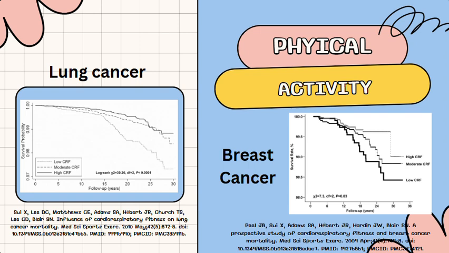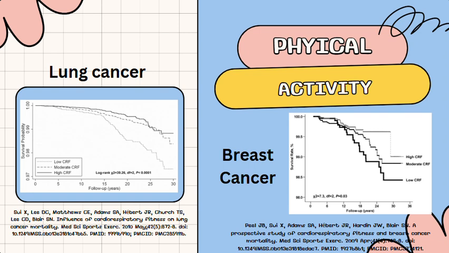On the right, we're basically looking at the same thing, but this is in breast cancer cases. So the light colored or the gray line is high cardiorespiratory fitness. The in-between line, or the medium colored line, is the moderate cardiorespiratory fitness, and the dark black thick line is low cardiorespiratory fitness. And we can see our axes are pretty similar. Our vertical axis is survival rate, and our horizontal axis is follow-up in years.